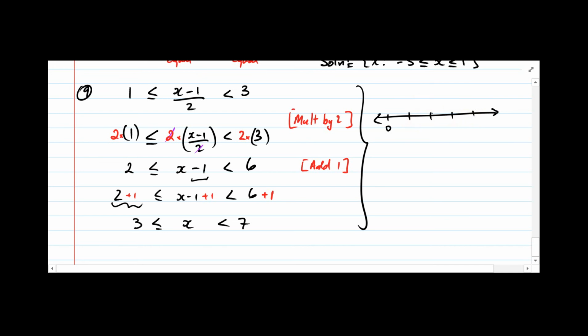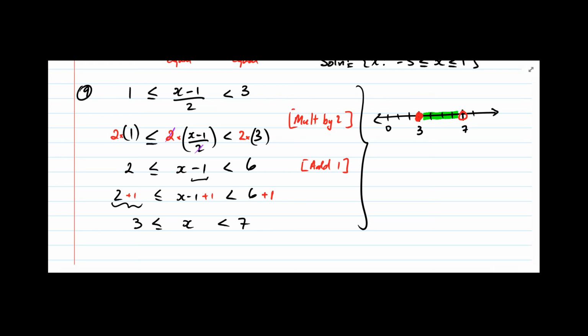Okay, so I am going to be using 3 and 7. What do I want? On the boundary that has 3, it will be a closed circle. 7 will be an open circle, and then in between I have a shaded region.